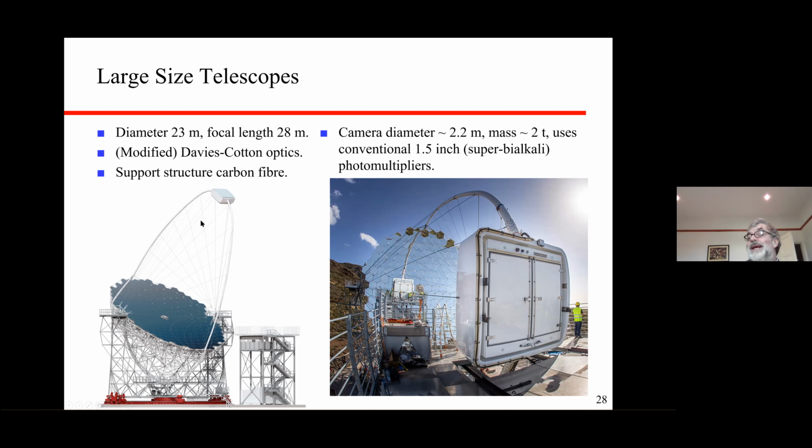So you need to make it as light as possible. So this thing has been built largely out of carbon fiber. The camera at the end here weighs about 2.2 tons. So moving this thing rapidly is quite a challenge.